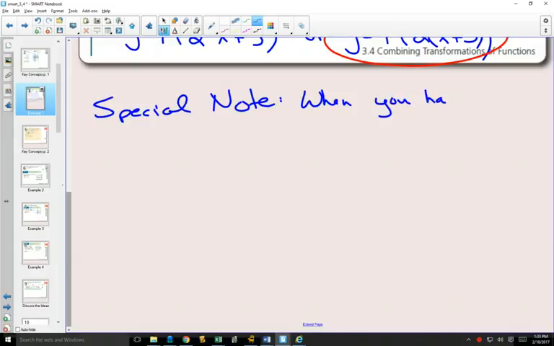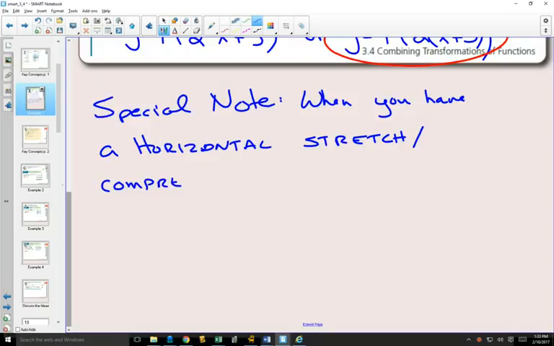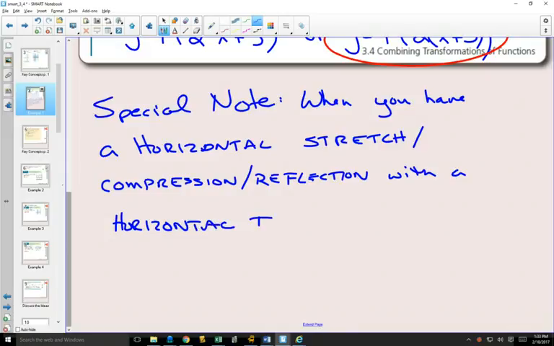When you have a horizontal stretch / compression slash reflection, any one of those, with a horizontal translation, you must write it in factored form.